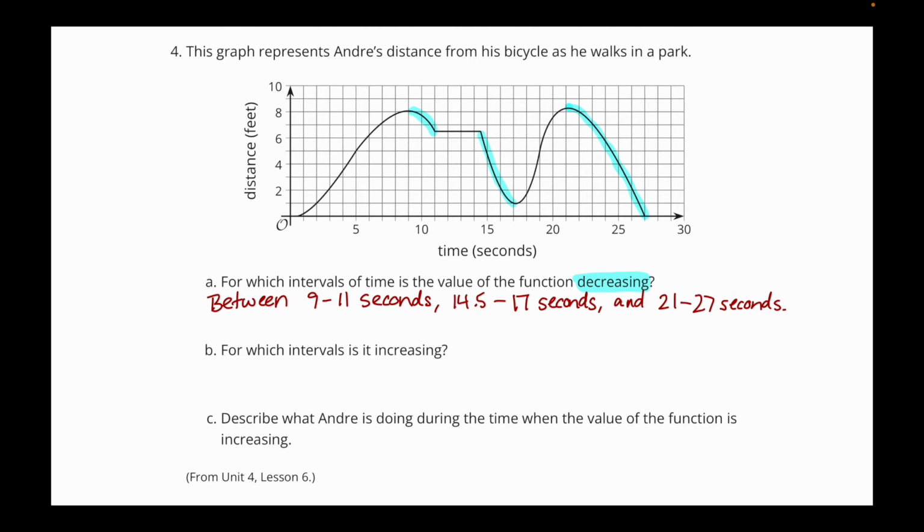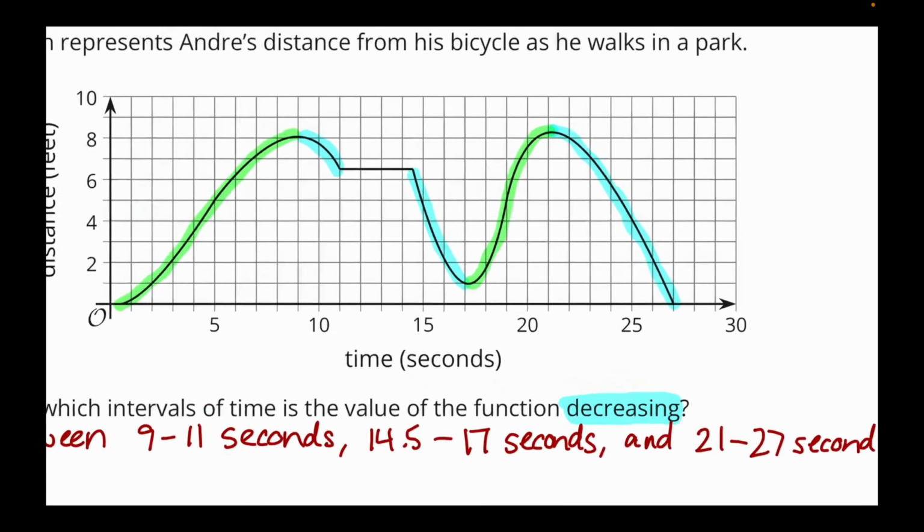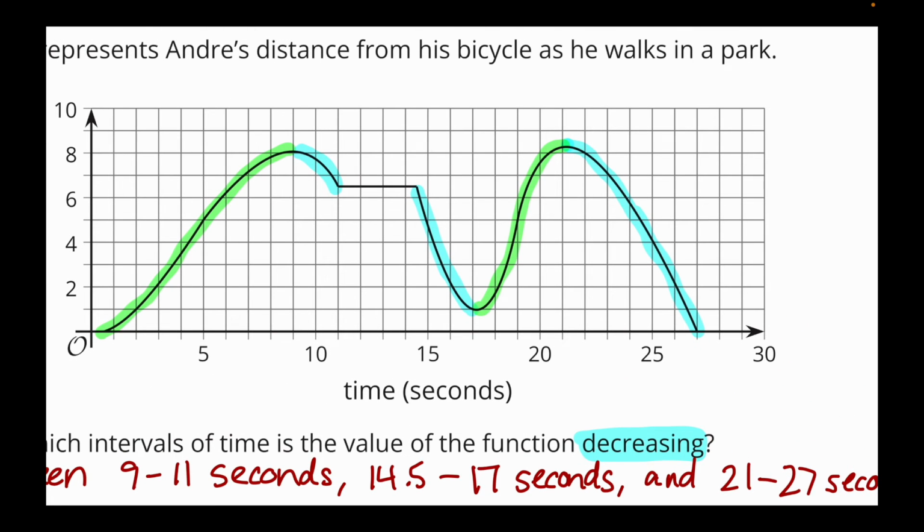Okay. Now they want to know for which intervals is it increasing. I'm going to highlight that green. So anytime it looks like we're going uphill, green. And up the hill here, green. You'll notice this section is neither green nor blue. That's because there is no rate of change there.